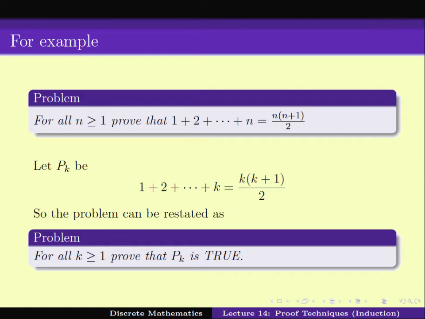So the problem statement can be restated as: for all k greater than or equal to 1, prove that Pk is true. So here the Pk's are the subproblems. So the original problem has been broken up as AND of infinitely many problems, namely the Pk's.